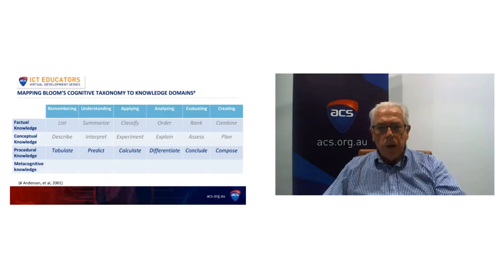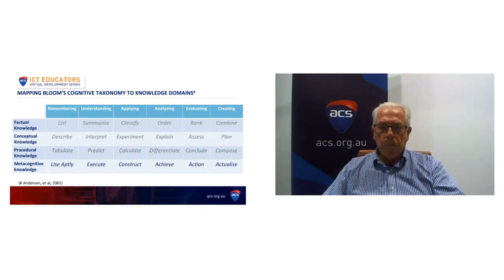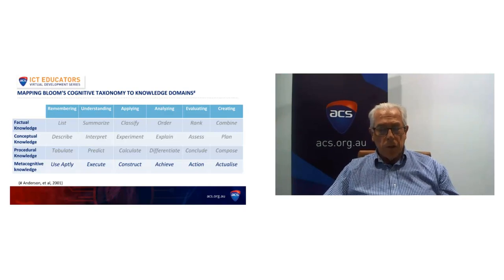If we move on and have a look at what it looks like for, say, remembering procedural knowledge, there's a range of things here. If you want to understand procedural knowledge, then you're involved in a predictive activity. If you're applying it, then you're calculating, etc. Similarly, conceptual knowledge deals with classifications.